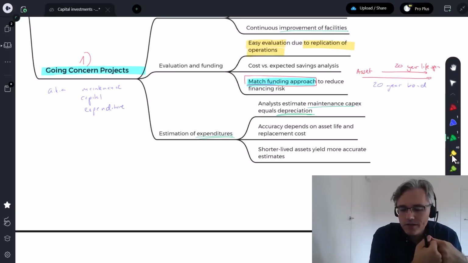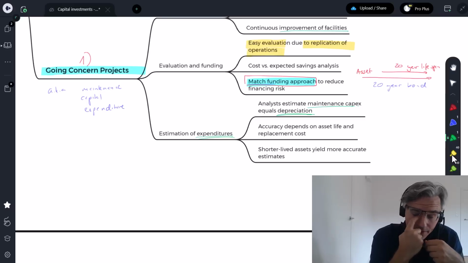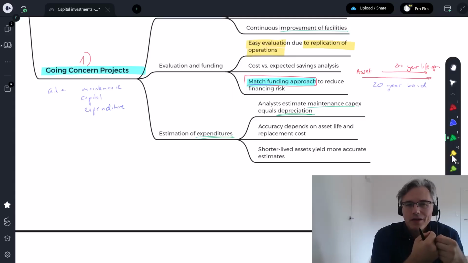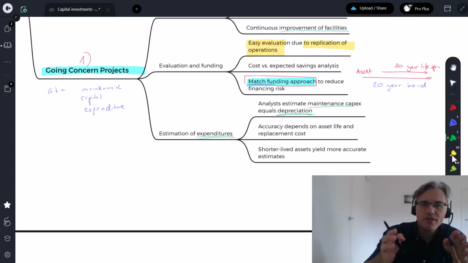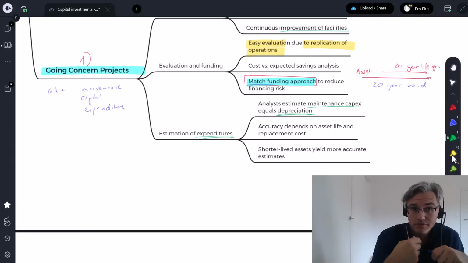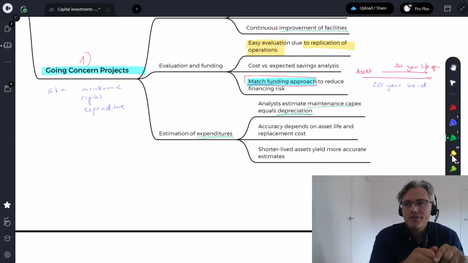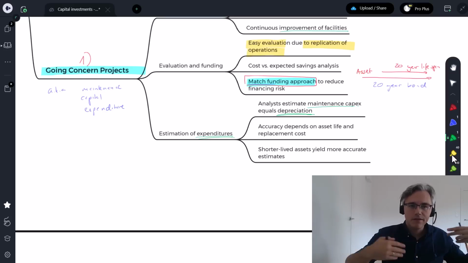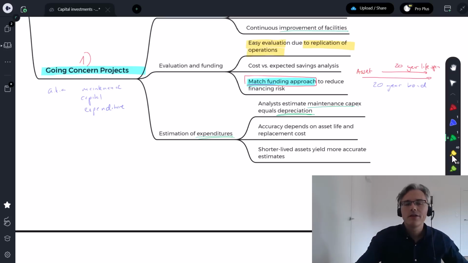Of course, there isn't really a one-to-one match there. Even if a company has steady depreciation on an annual basis, it doesn't necessarily mean it spends that much money on an annualized basis in terms of cash outlays, because you don't replace in a nice linear way. Typically you replace in batches, so the timing may be different.